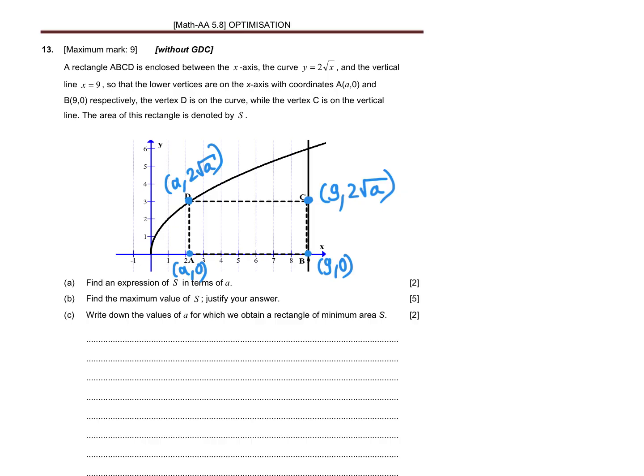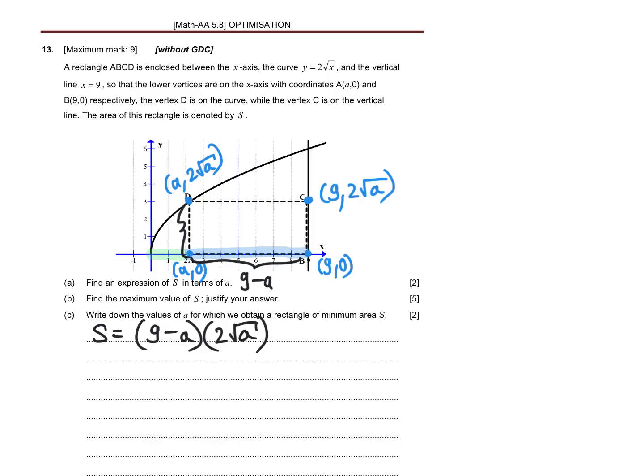So think about it this way. This is 9, and this is A, so that whole length is 9 minus A. So S is 9 minus A times the height, which is just 2 root A. Okay?